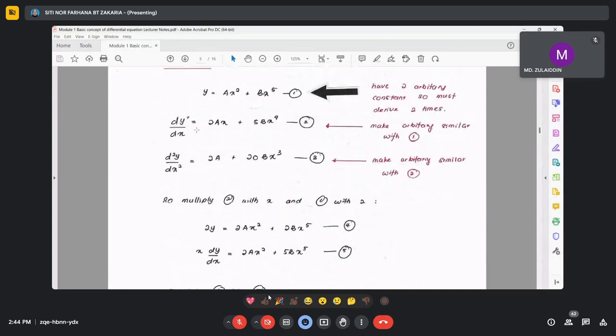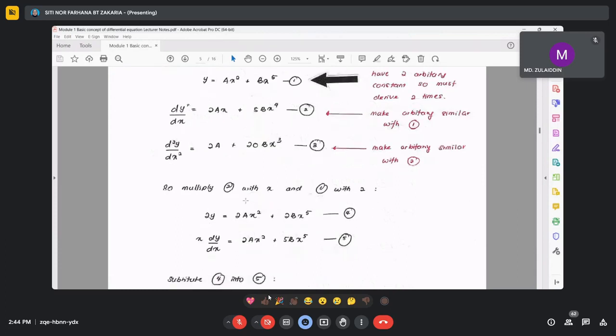Let's label the dy dx yang you dah differentiate first tadi as equation 2, and then the second differentiation as number 3. So we can eliminate A and B.